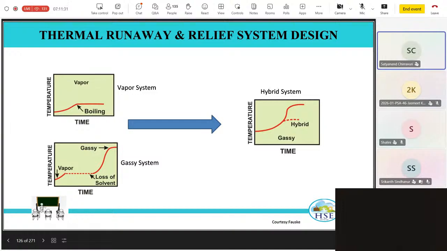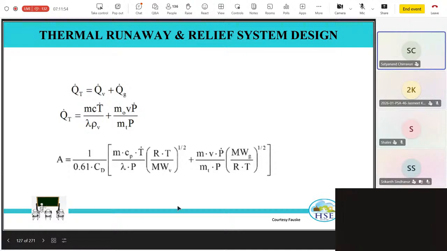These relief systems are what you call protective measures. You make sure that the protection systems are so good that even in a worst case scenario, when you have a huge release of vapors and gases, they will be taken out through vents, and the vent sizing takes care of the releases.